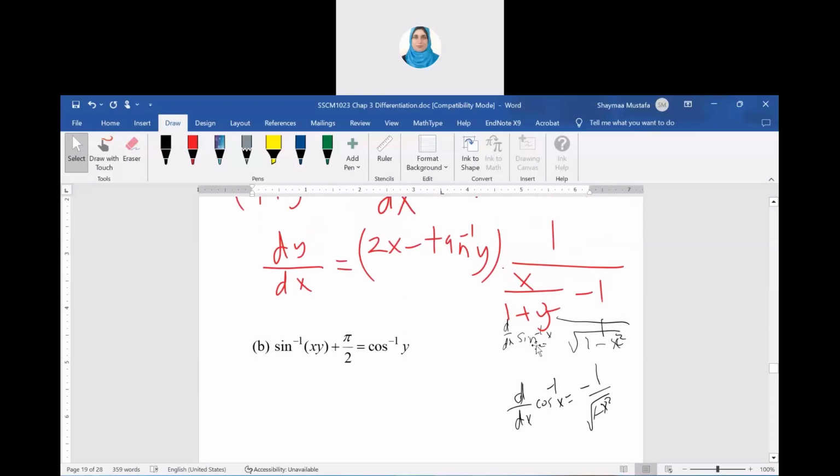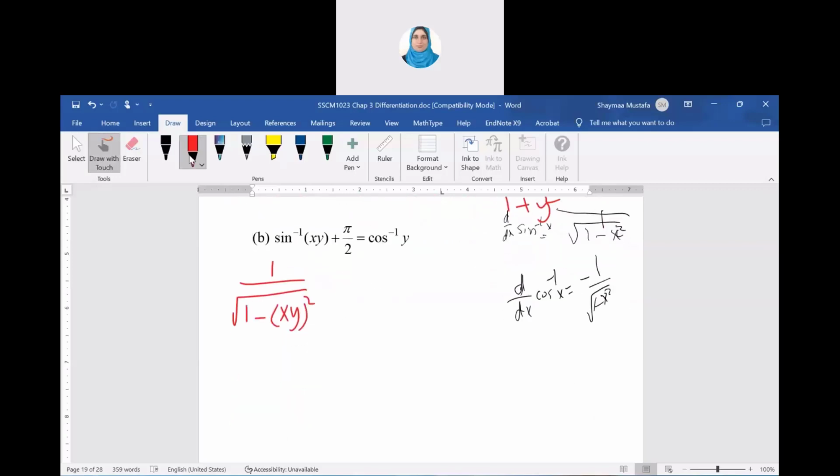Now I need to use the derivative for sine inverse and the derivative for cos inverse. The derivative for sine inverse, for the first term, is 1 over square root of 1 minus xy squared. But here I have to multiply by the derivative of xy. So I have a multiplication between two functions. The first function is x, the second function is y.